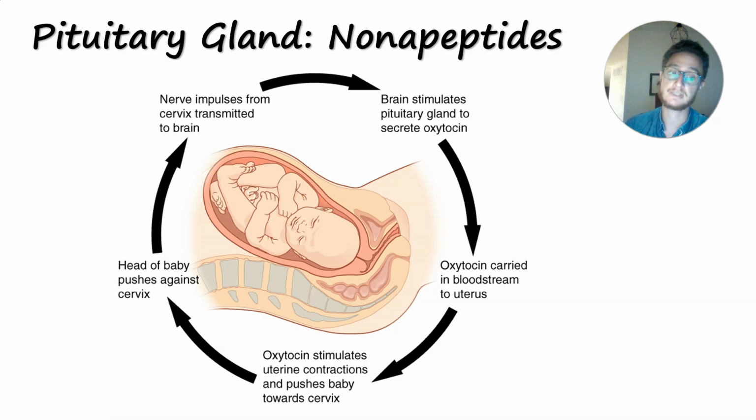And interestingly, that exact same signal to push the baby out, oxytocin, is also going to stimulate at the same time target cells in the mammary glands in the breasts, which is going to start to produce the baby's first meal, milk.